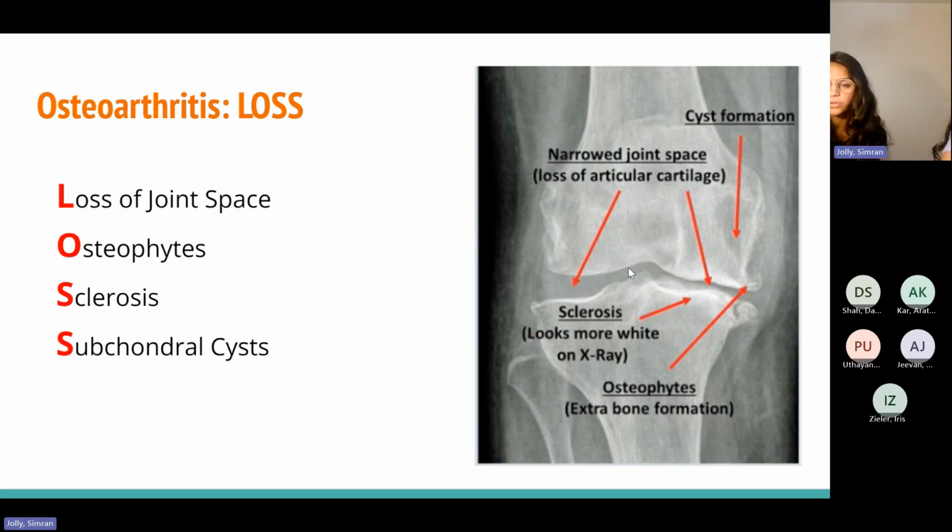Osteophytes just means new bone, like bony growths, and you can see that here. So it isn't a smooth line, which you would expect to see in a normal X-ray. Sclerosis, like I mentioned, is new bone formation, so increased density, which is around here. It looks whiter. And subchondral cysts, which is here, are just darker, more defined areas near the joint. So this is an important high yield one to know.